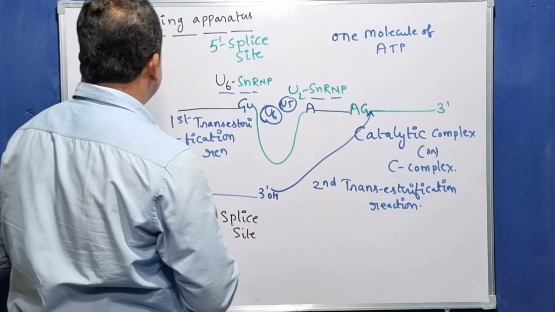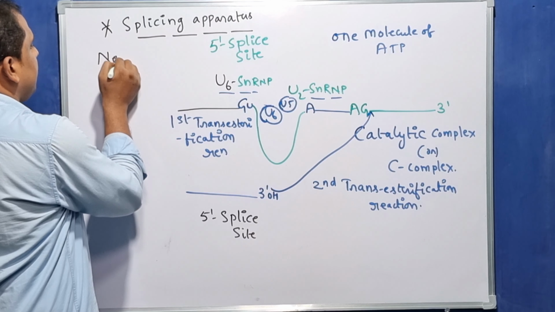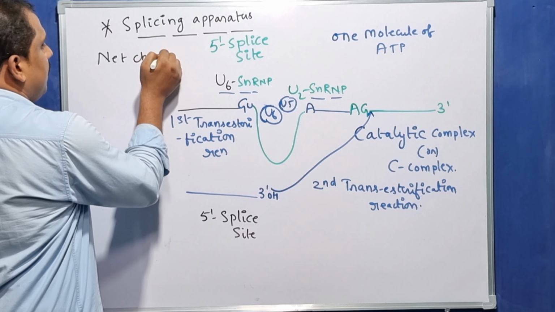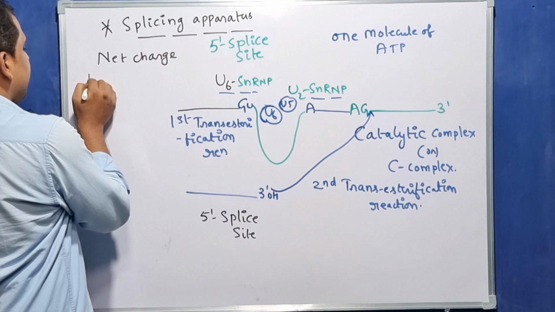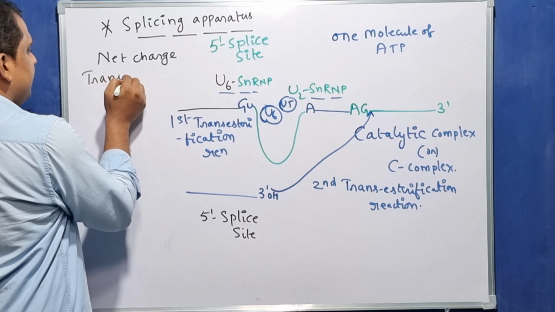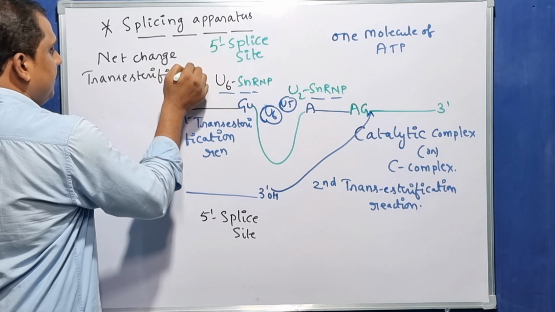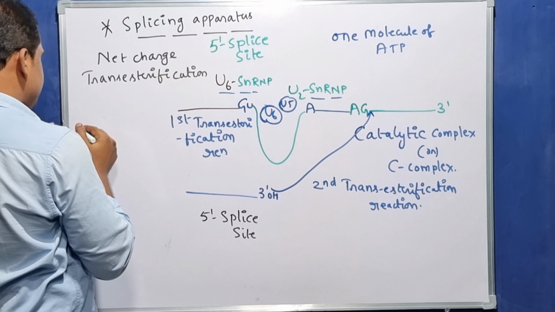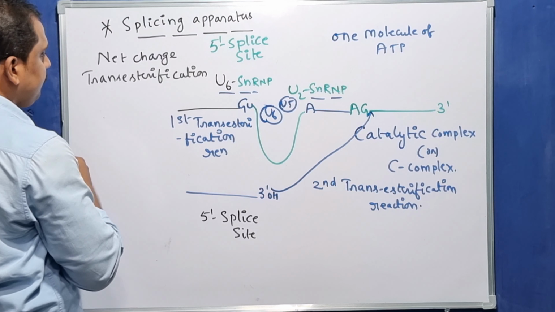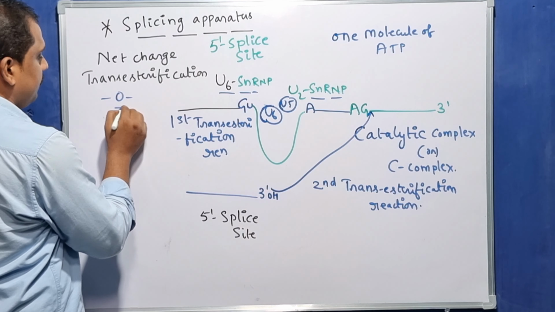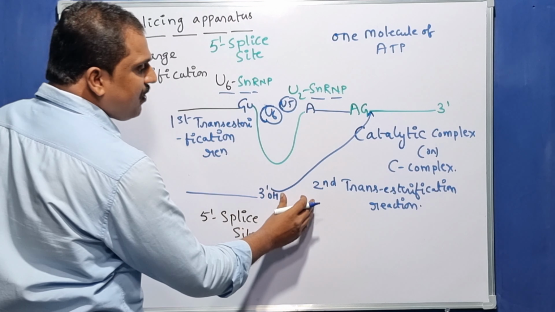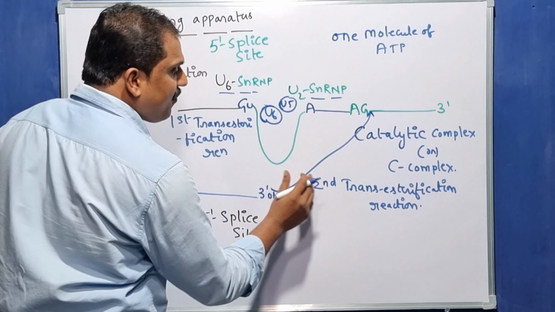Here the net charge for trans-esterification reaction is 0. Is it clear? So the reason why both the trans-esterification reactions are quite reversible.